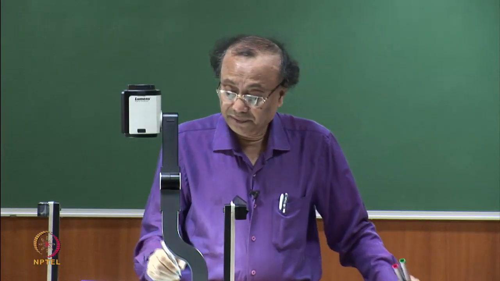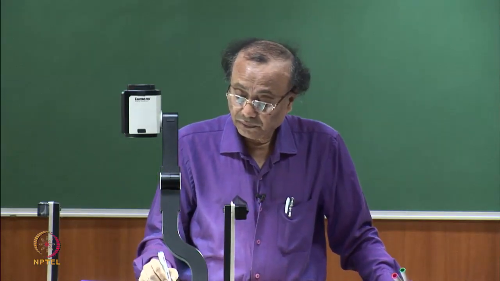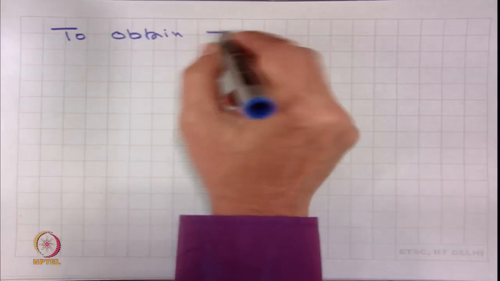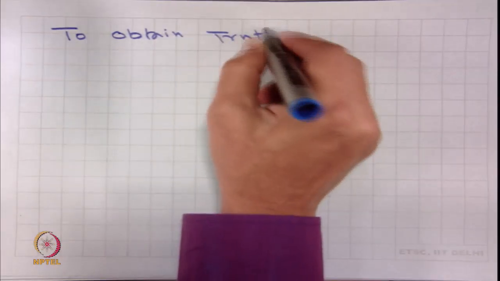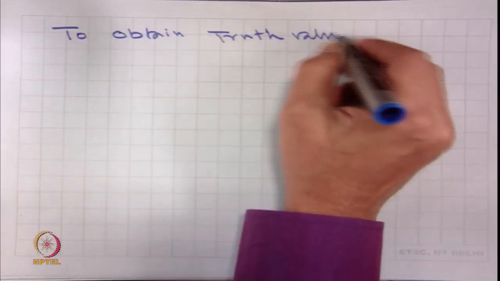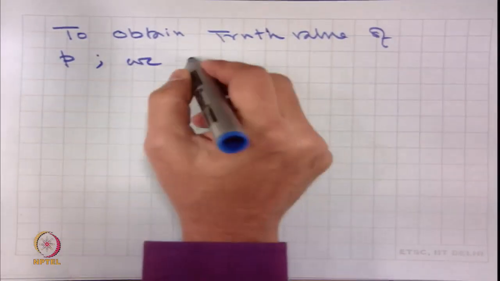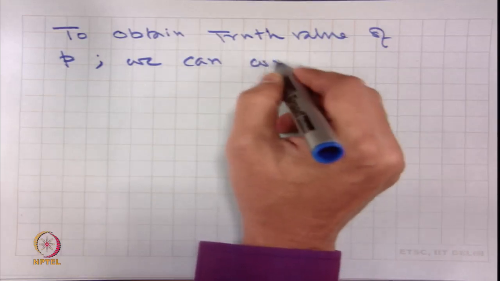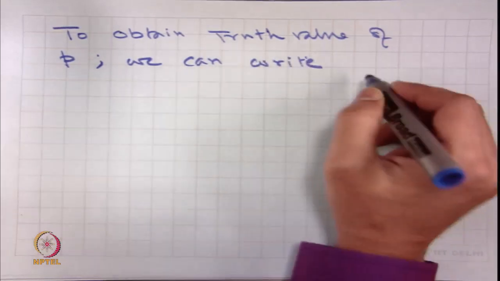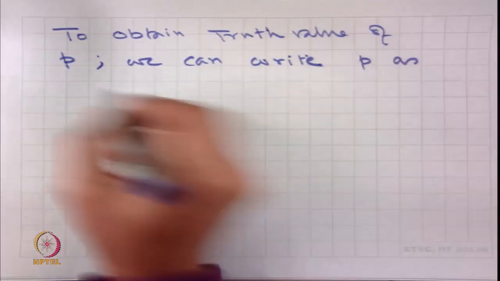So, to obtain truth value of P, we can write P as follows.